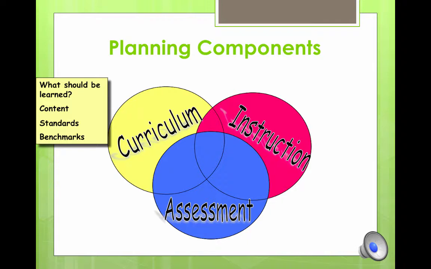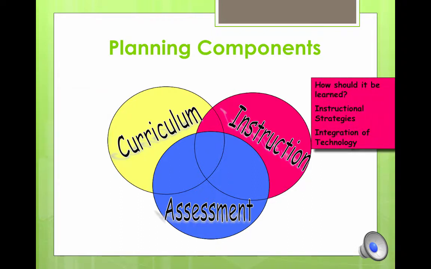Private schools, on the other hand, would have their own standards, and usually they're pretty closely aligned, but if they're religious schools, they would have some additional standards that would be religious oriented.